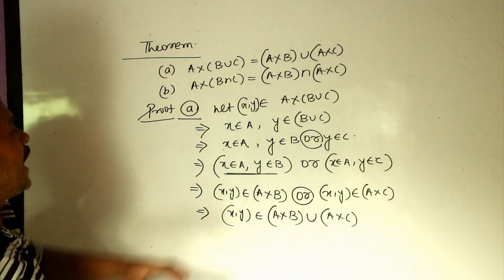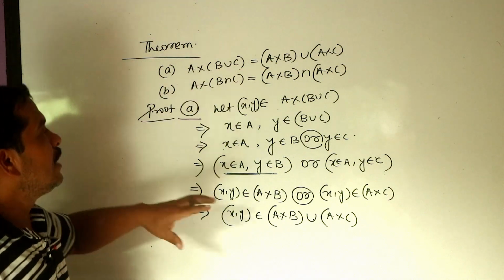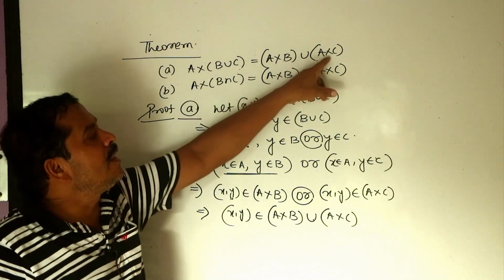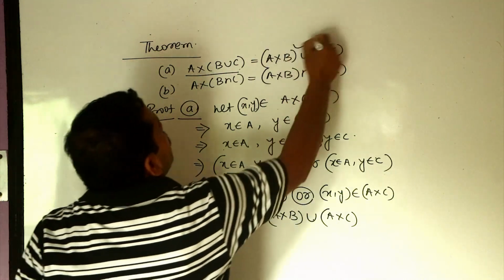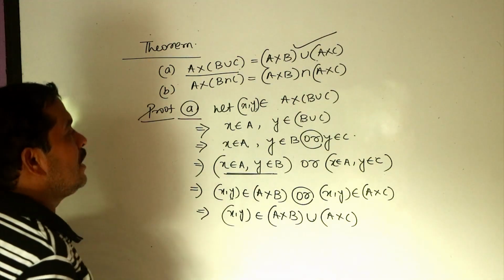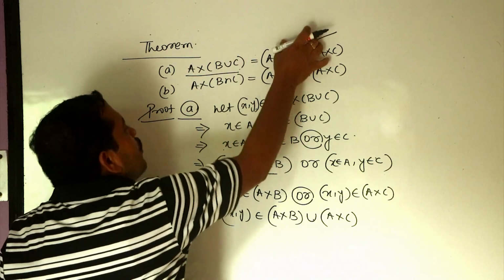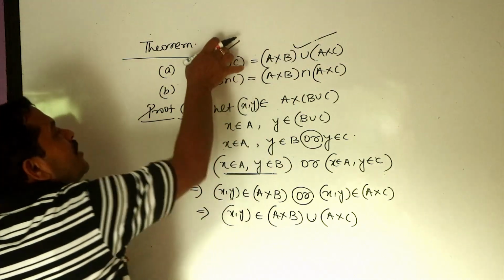So we take the element from A cross (B union C), and this arbitrary element is an element of (A cross B) union (A cross C). Means this set is a subset of this set. Similarly, if we take the element from this set, then this element is also an element of this set. Then this set is a subset of this set.